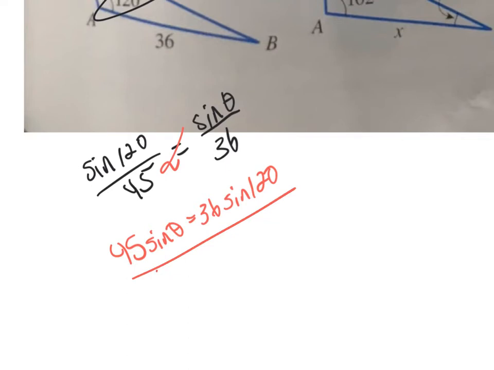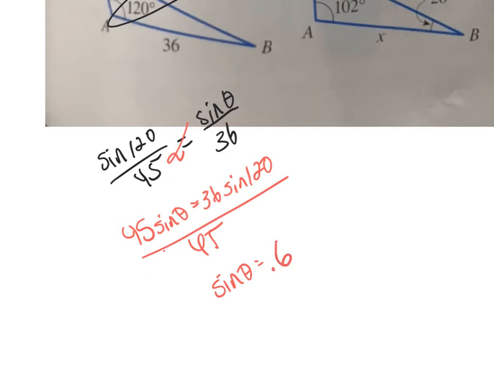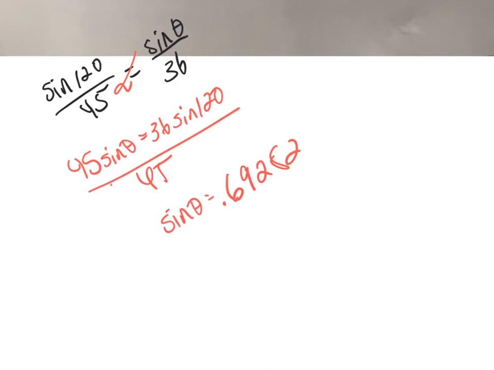Divide both sides by 45. So I get the sine of theta is 0.69282. And I think to myself, wait a second, that doesn't make any sense. An angle measure is that tiny. Well, guys, remember, we're looking for an angle measure. That means I need second sine or arc sine. So in your calculator, hit second sine, arc sine, however you need to do it.